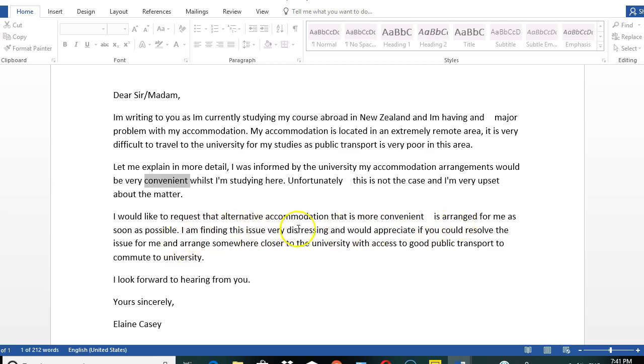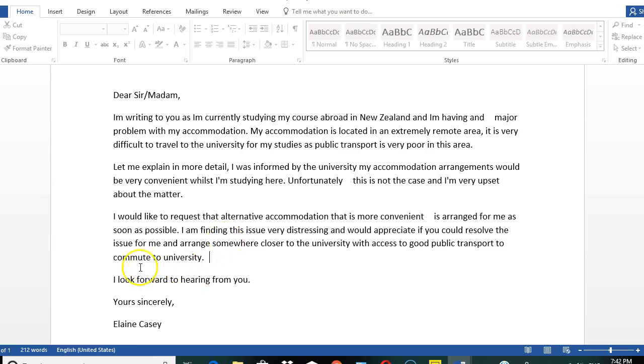Okay, I'm finding this issue very distressing. Great use of vocabulary, and would appreciate if you could resolve the issue for me. Okay, and arrange somewhere closer to the university with access to good public transport to commute to university. Okay, perhaps you might have added details, for instance, how long it actually takes you to commute to the university.